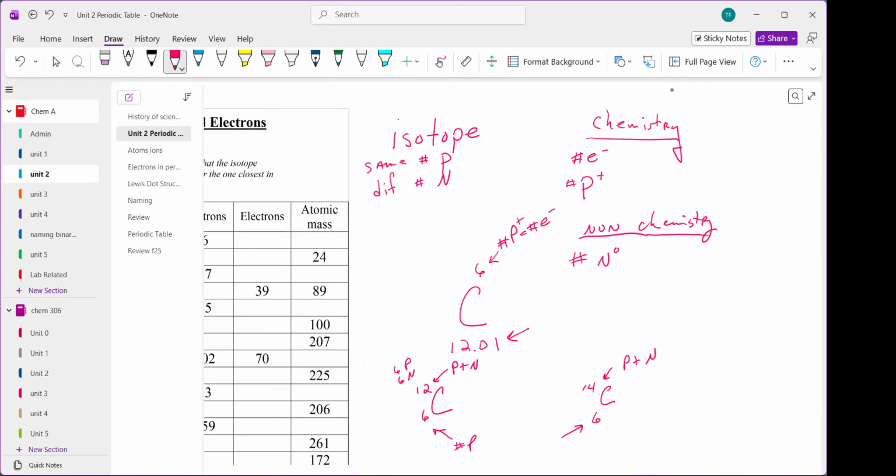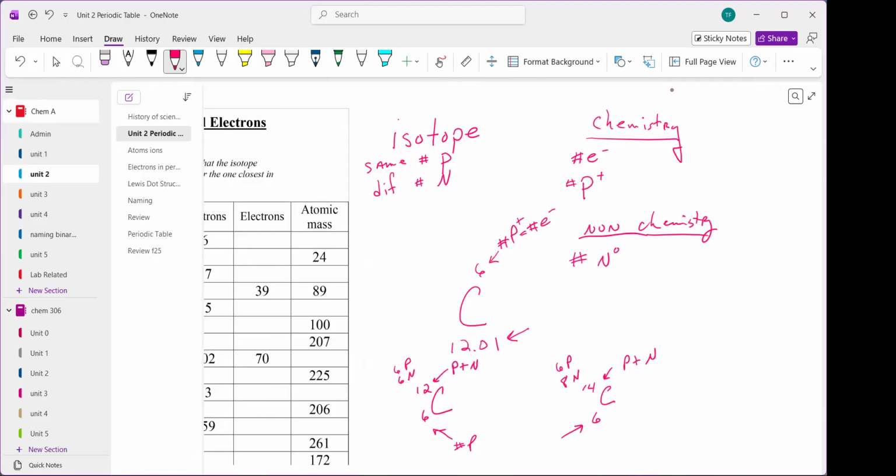Carbon-14 has 6 protons. How many neutrons? 8. So carbon-12 and carbon-14 are isotopes of one another because the number of neutrons is not equal. Number of protons is equal because we're calling it carbon. Carbon only has 6 protons. Okay, does that make sense?